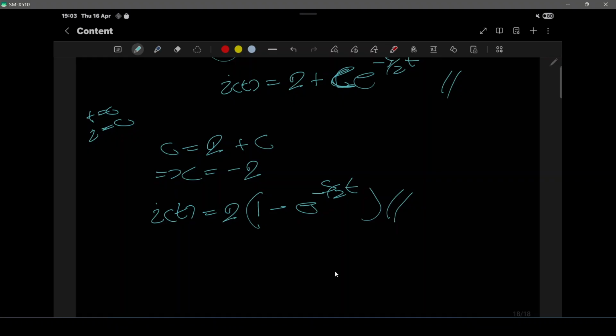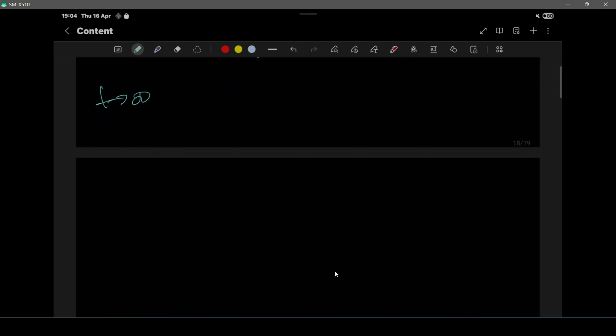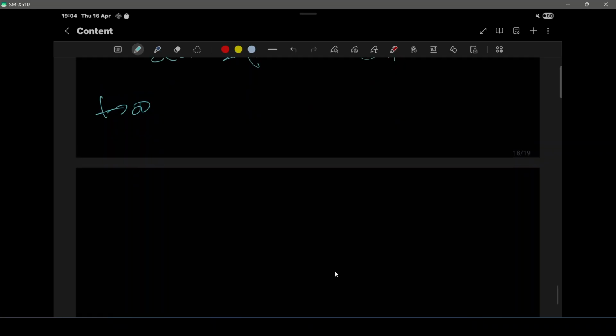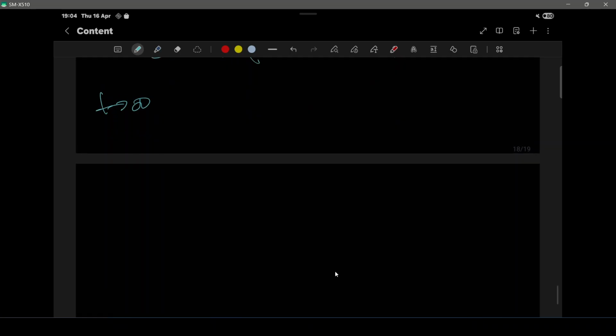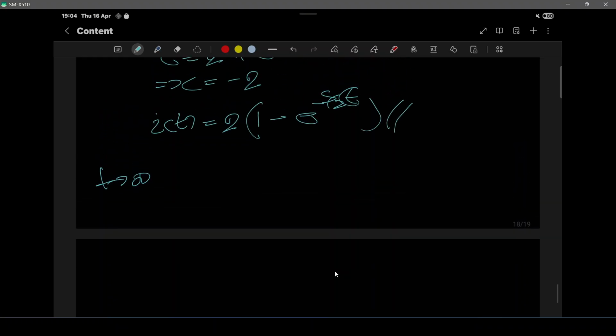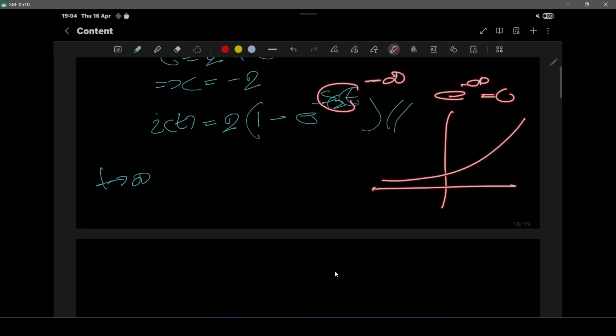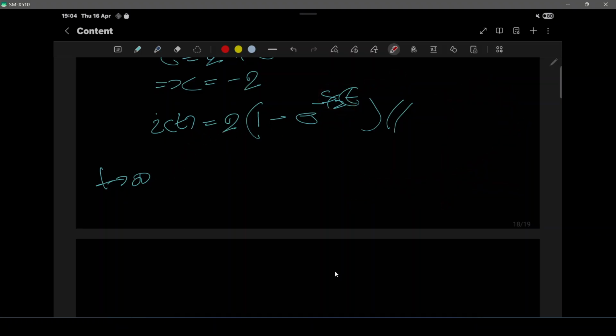As t goes to infinity, the exponent term goes to minus infinity. So e to the power minus infinity is 0, because if you see the graph, when the exponent is a negative value, it approaches 0. So in steady state, it is 0.